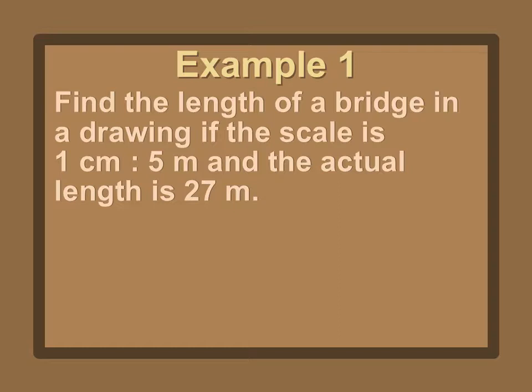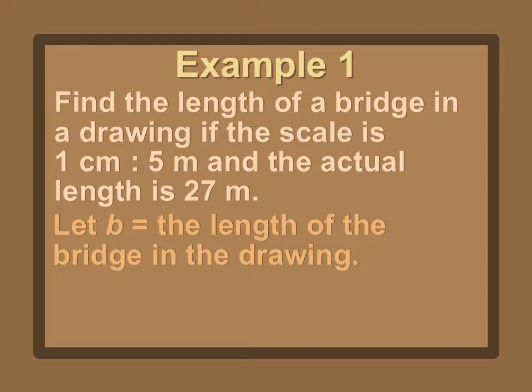So we're going to set up a proportion. We're going to let B be equal to the length of the bridge in the drawing, or what we're trying to find out. And when we set up a proportion, the first thing we want to write is the scale that they gave us. The scale is 1 to 5, 1 centimeter to 5 meters, equals, and the second part of the proportion is going to be determined if the first part of the scale is 1 centimeter.